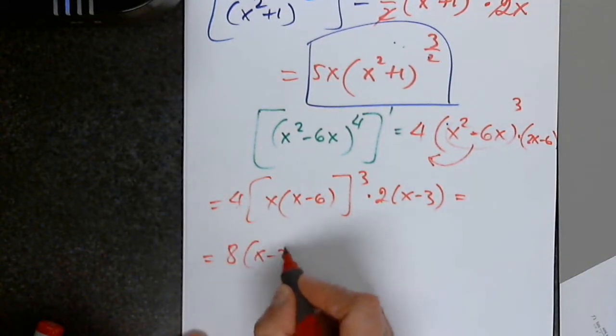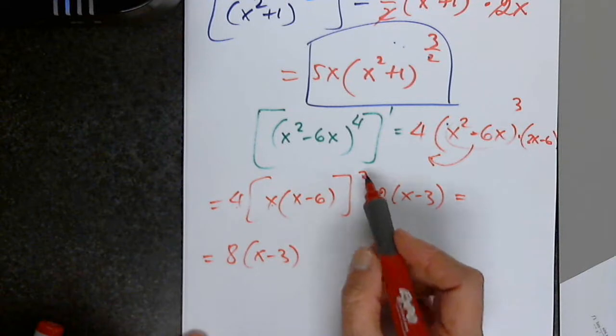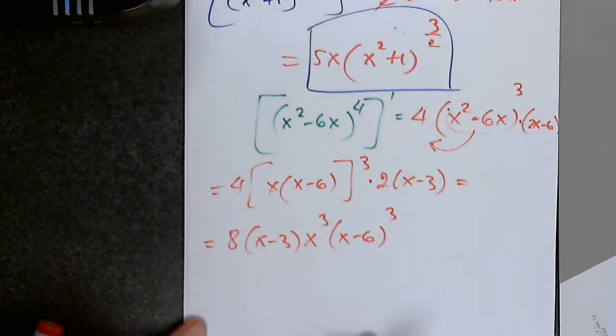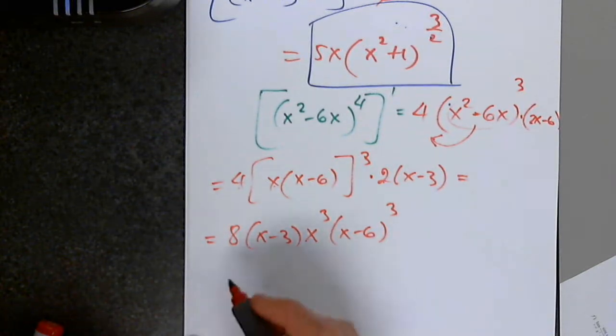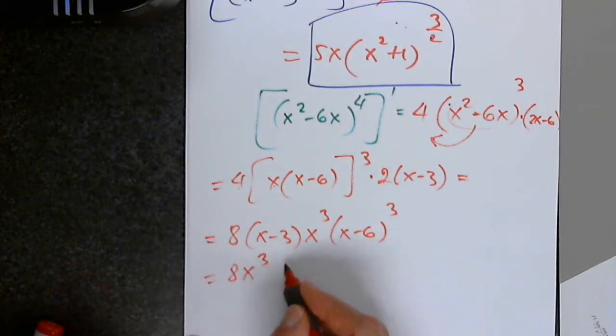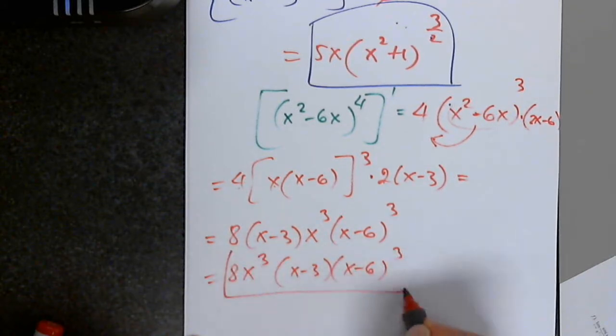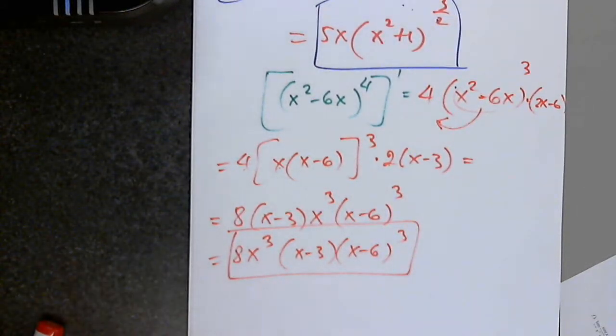I can put x minus 3 in front, but then x gets cubed, and x minus 6 gets cubed. And this is the final form. 8x cubed, x minus 3, x minus 6 to the 3rd power. This is preferred as the fully simplified form of this expression, of this derivative.